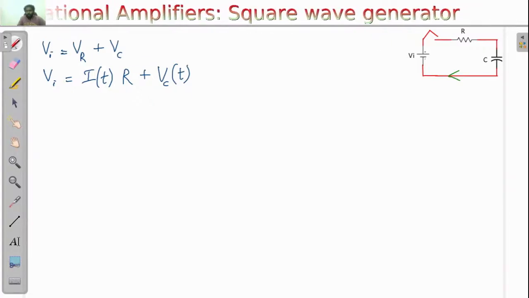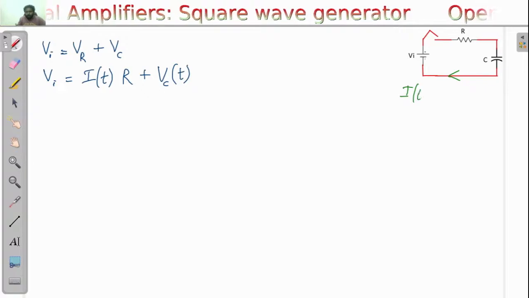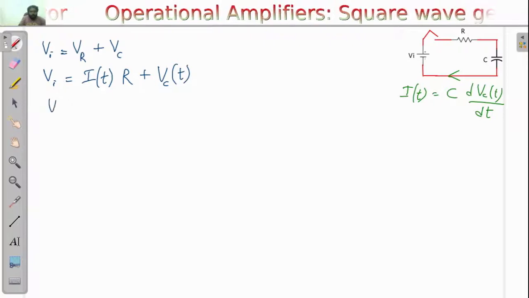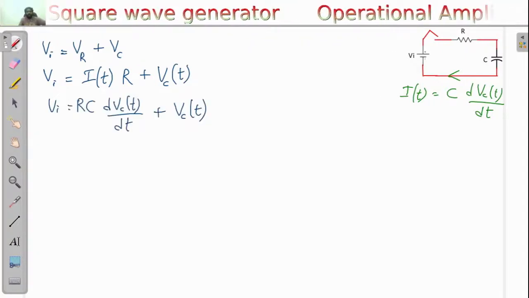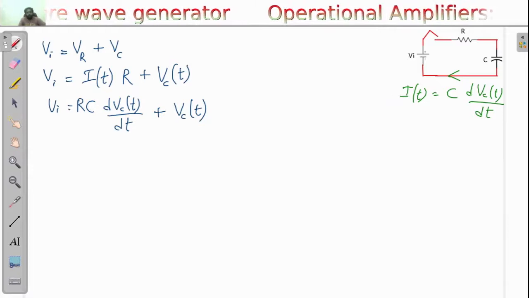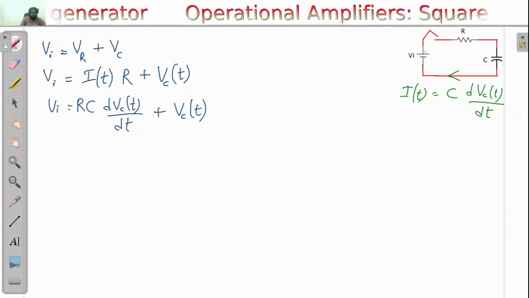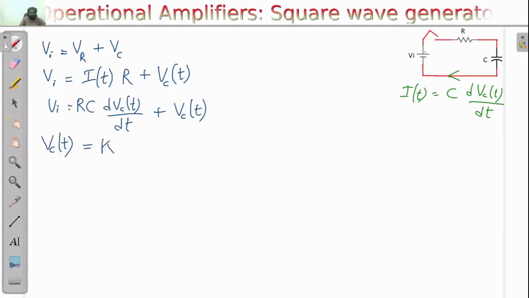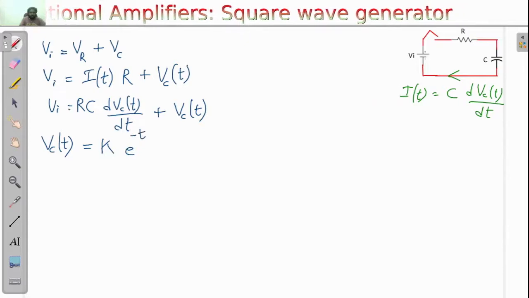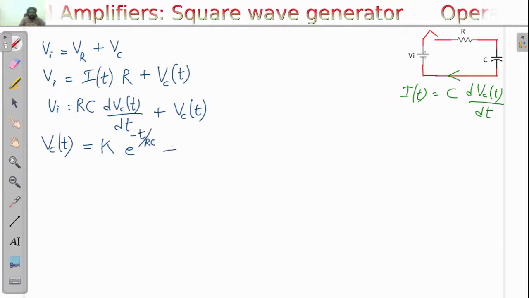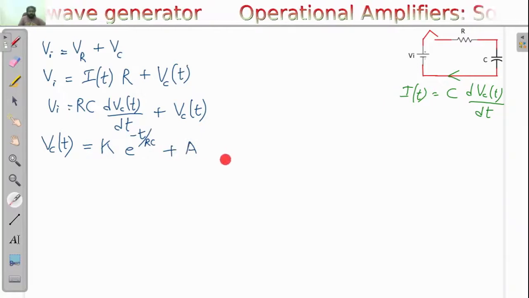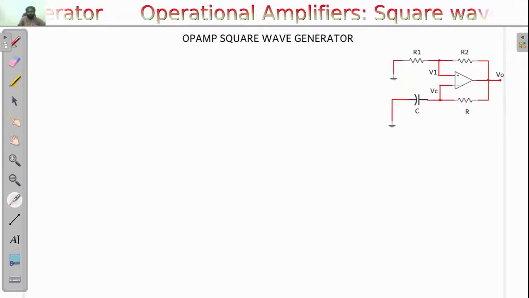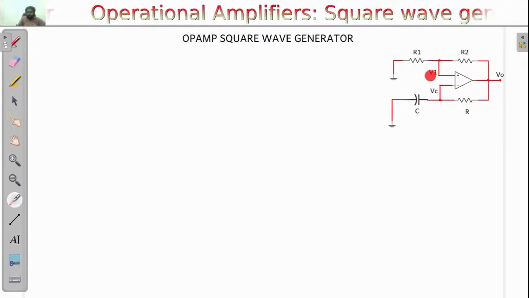So you can write I of t, substituting that, we get Vi equal to, this is an ordinary differential equation, and you can solve this for the capacitor's voltage like this: k e raised to minus t by RC plus A. We are going to use this equation in our derivation for the frequency of the square wave generator. Before that, we need to see what V1 is.